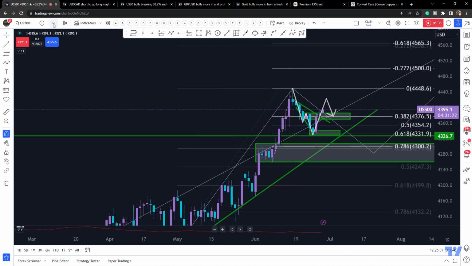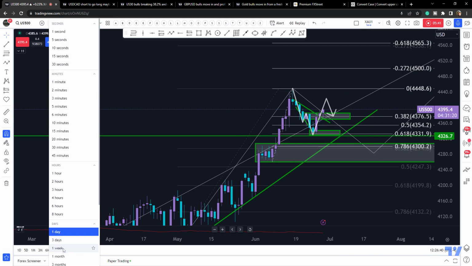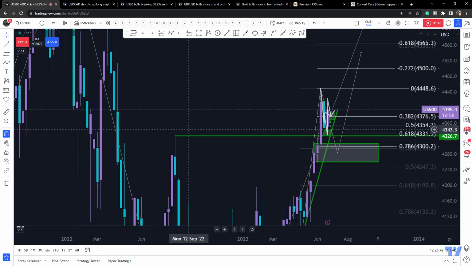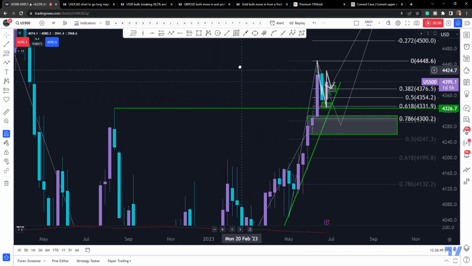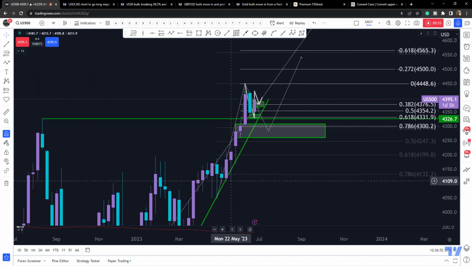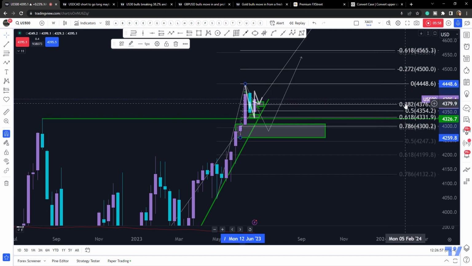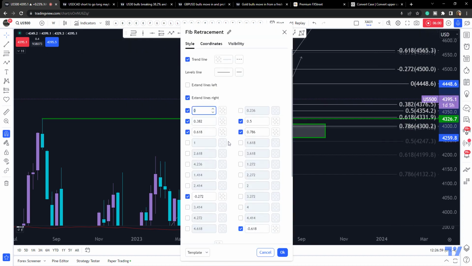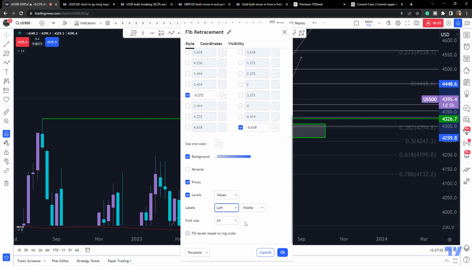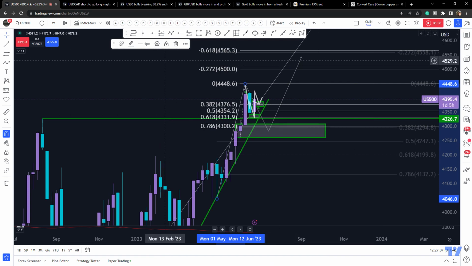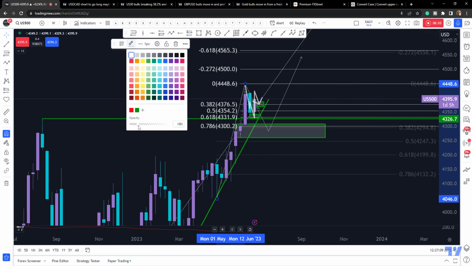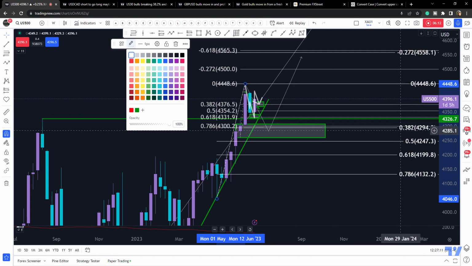So recap on that. Let's go through from the weekly. So the weekly, we have a scenario whereby this could be early stages of the bearish correction, and the bearish correction would be expected to come into the 38.2 of the weekly chart.